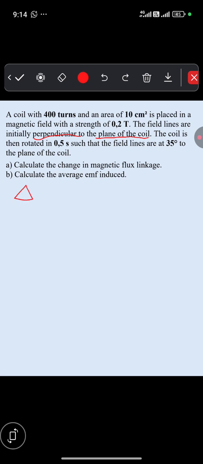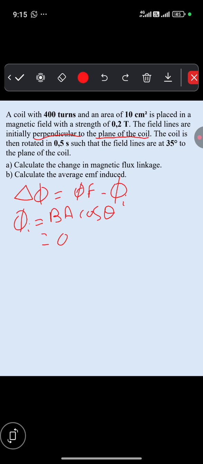The change in magnetic flux is equal to the final flux minus the initial flux. So I first get the initial flux, which is equal to BA cos theta.